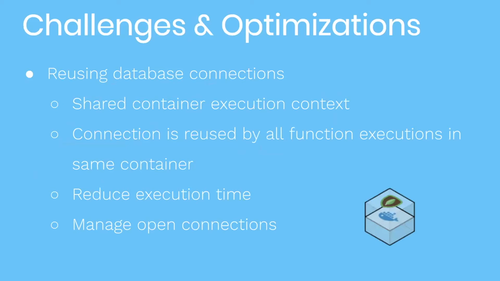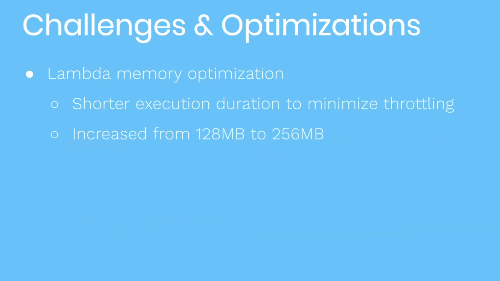So we declare a variable in that context and assign it to the database connection. So when functions are invoked, if that connection exists, then it's used, and otherwise it's created, and then it can be reused by all future function executions in that container. So reusing database connections does allow us to reduce our function execution time and to better manage open connections to Mongo.